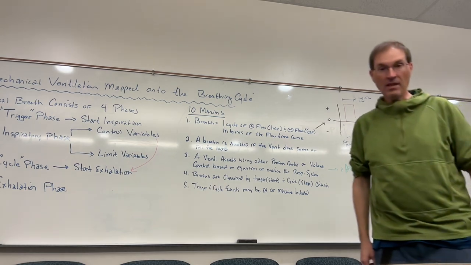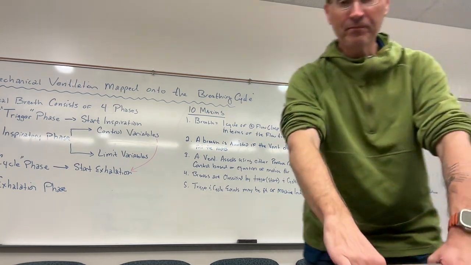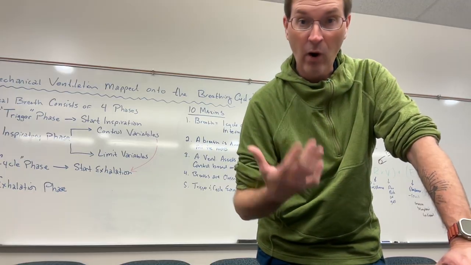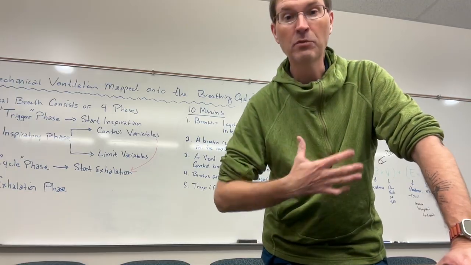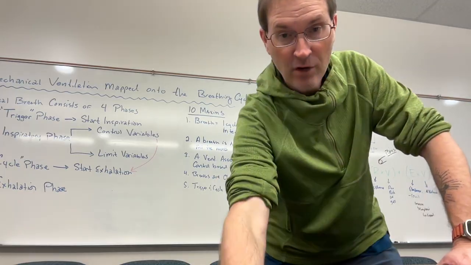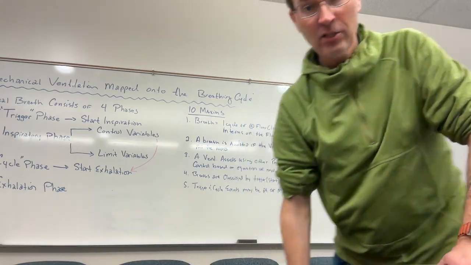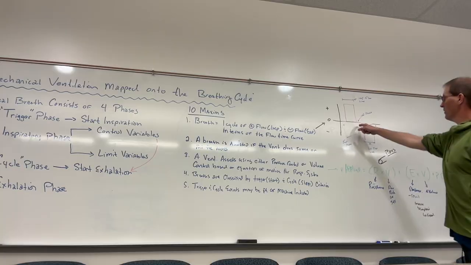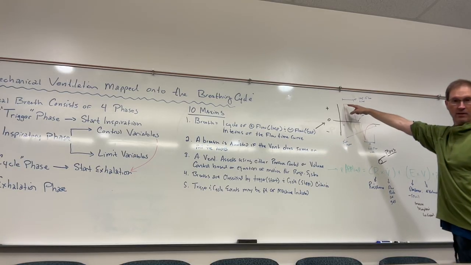And typically the expiratory graphical representation looks very different than inspiratory. Why? Because it is primarily a passive process, right? And so what you're going to see is a line that is usually not going to be straight, right?